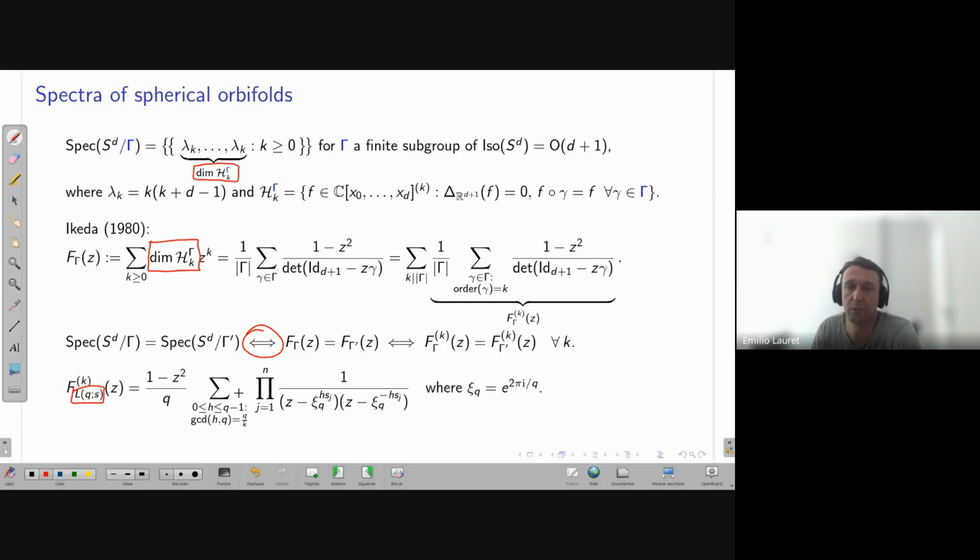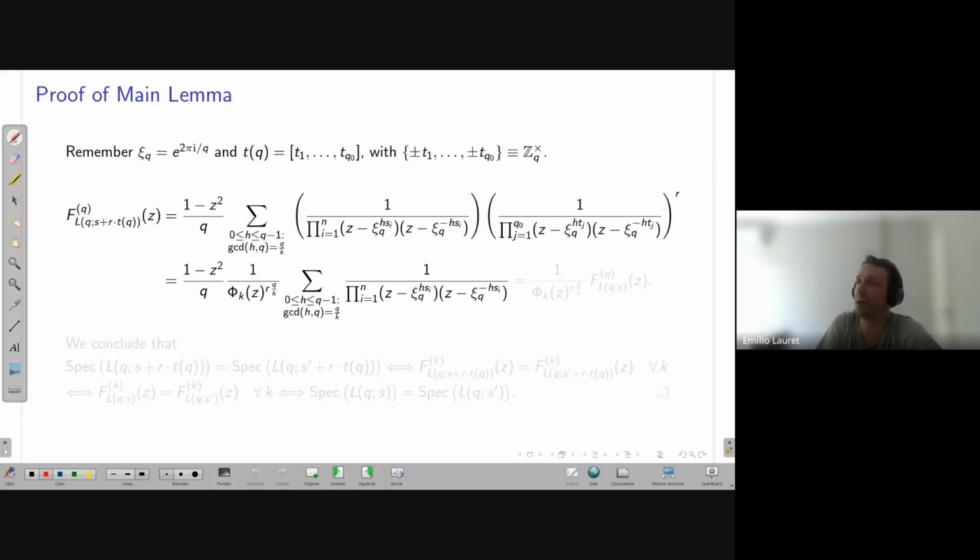These are rational functions, right? Because now there are polynomials in the denominator. So they are rational functions, meromorphic functions that are rational. Okay, and the proof of the main lemma goes more or less in this way.